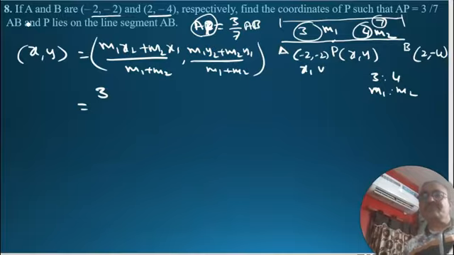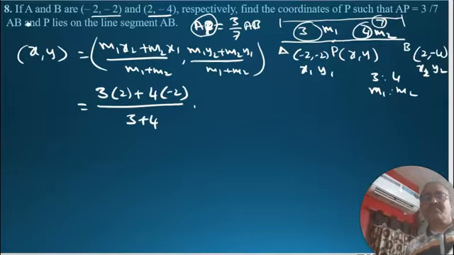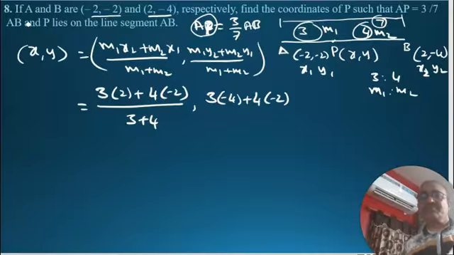Let us suppose x1 y1, x2 y2. So m1 x2, that is 3 times 2, plus m2 x1, 4 times minus 2, by m1 plus m2, 3 plus 4. And m1 y2, 3 times minus 4, plus m2 y1, 4 times minus 2, by m1 plus m2.